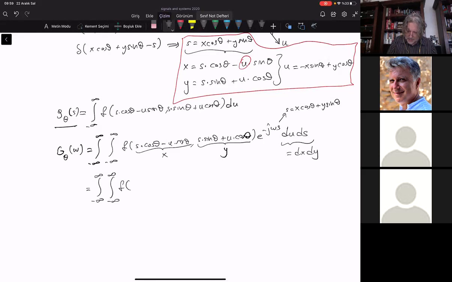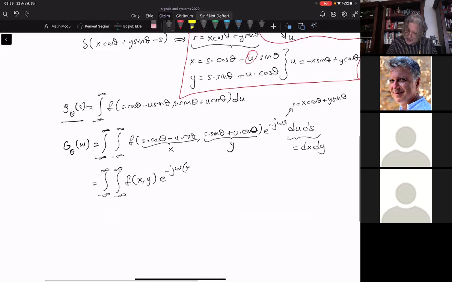So I will say f of x and y and e to the minus j omega in parentheses x cosine theta plus y sine theta. You may be curious about why I'm writing these. Why are we doing this? I will explain later. Because I have to prove the argument that I have said in the beginning.